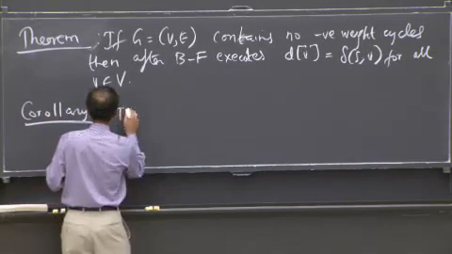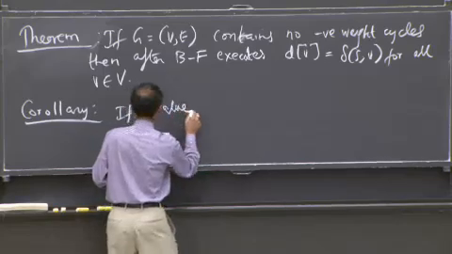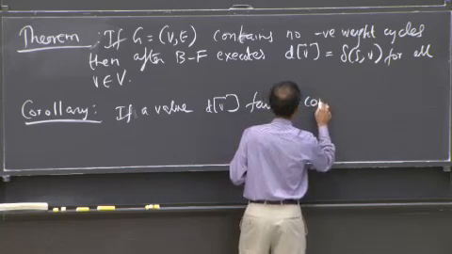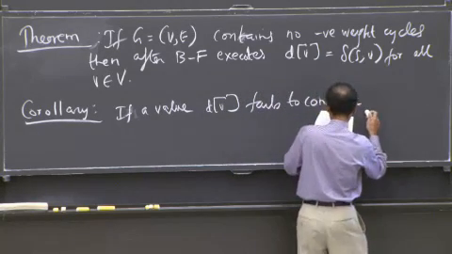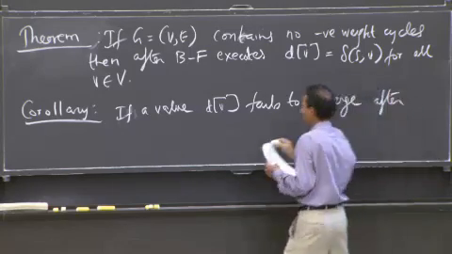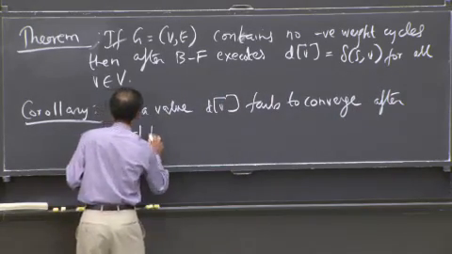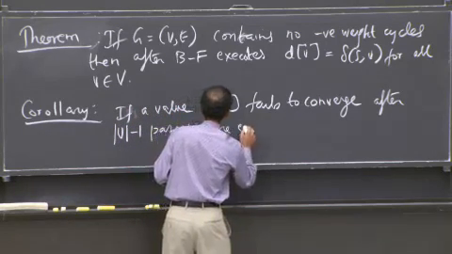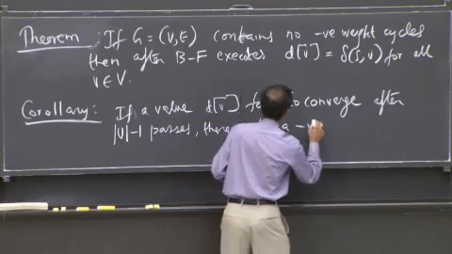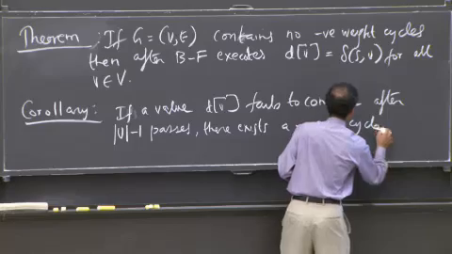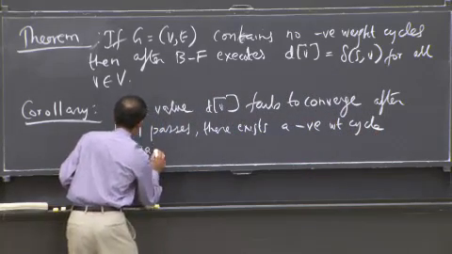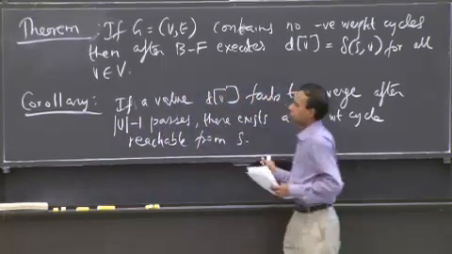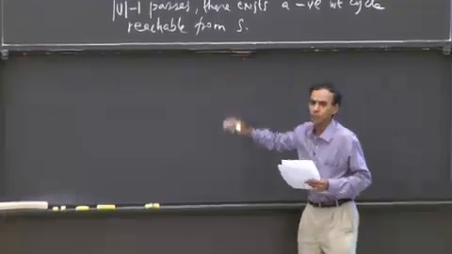And this says if a value d(v) fails to converge after V minus 1 passes, there exists a negative weight cycle reachable from S. All right, so those are the two things that we need to show.